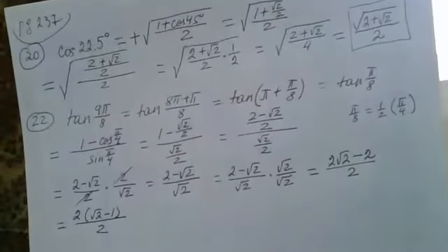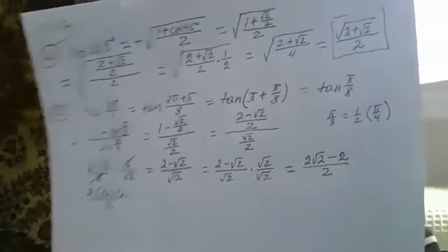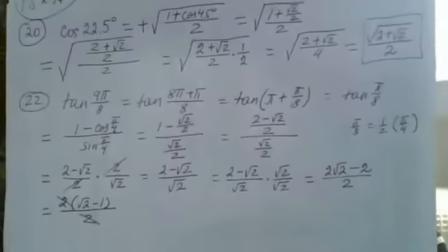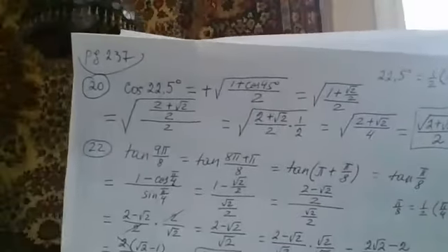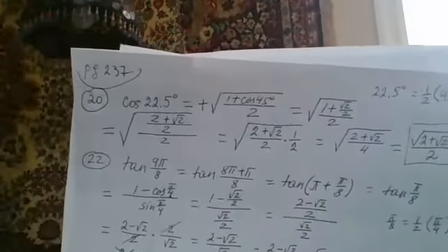In parentheses, square root of 2 minus 1, divided by 2. And now I can cancel both 2's on the top and on the bottom. And I'm getting my answer, square root of 2 minus 1, or if you like, negative 1 plus square root of 2. I like to start with the positive at the beginning. This is your answer.